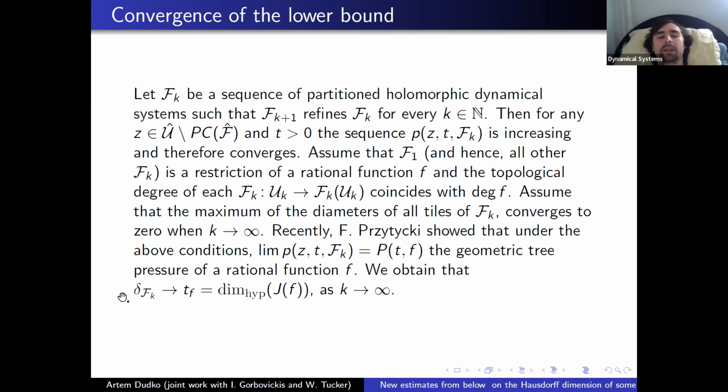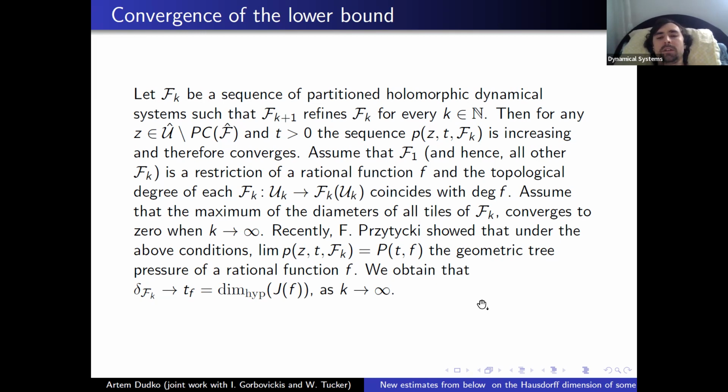And this implies that the lower bounds which we obtain from Macmillan matrices converge to the hyperbolic dimension. So we know in this case that the sequence of approximations are actually true approximations. They converge to the hyperbolic dimension when we take smaller and smaller partitions.